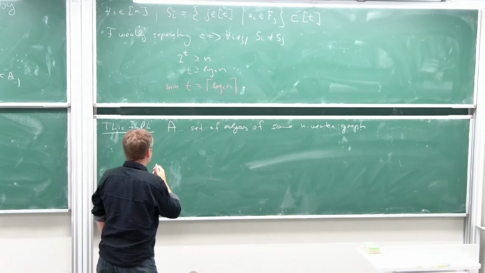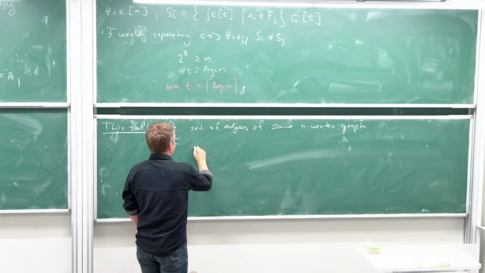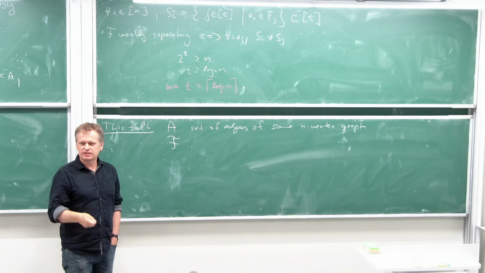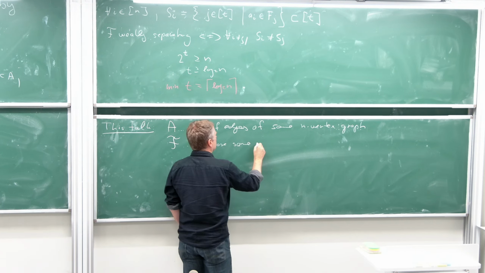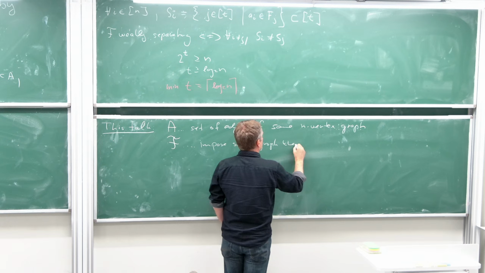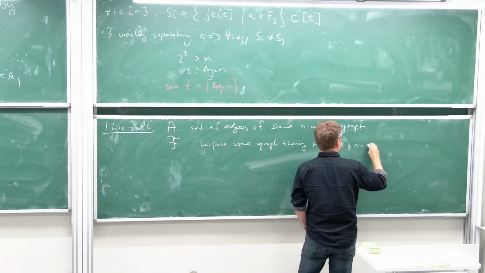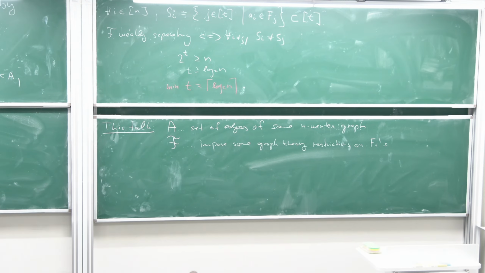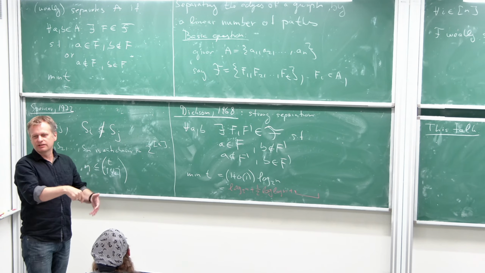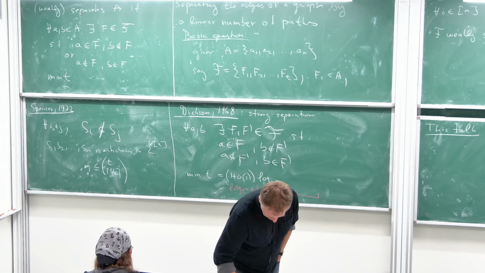And as for the system F, we put some graph theoretical restriction on elements in that set F. And what will be such restrictions? For example, like the title suggests, you might request that all F_i will actually be paths, not just an arbitrary collection of edges.